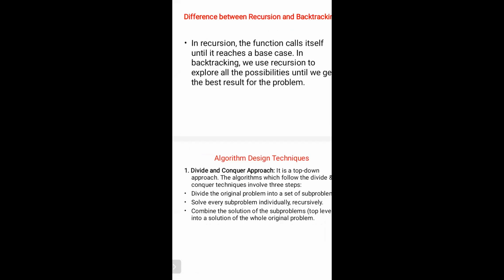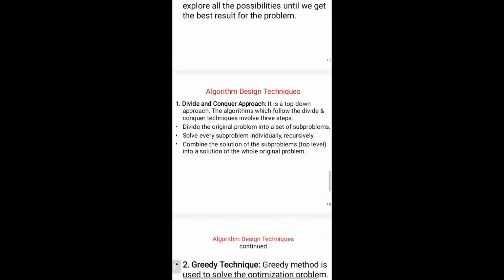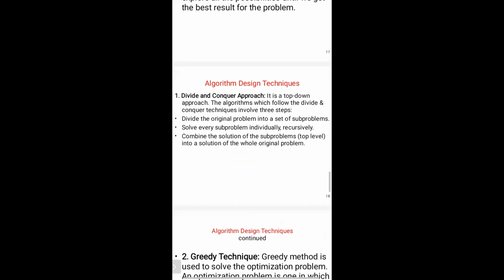Now see algorithm design techniques. Already we discussed different algorithm design techniques like the divide and conquer technique, the greedy technique, and the dynamic programming technique. Like this, there are different techniques we discussed.